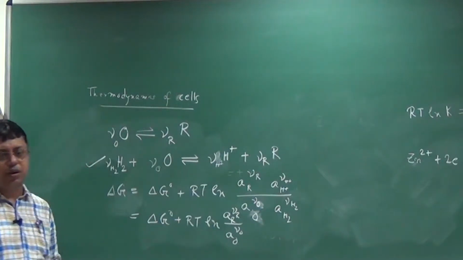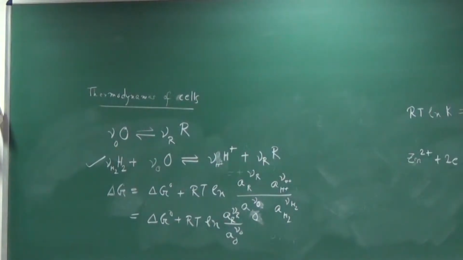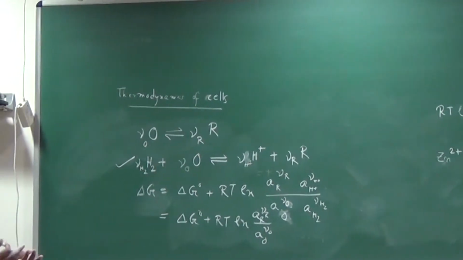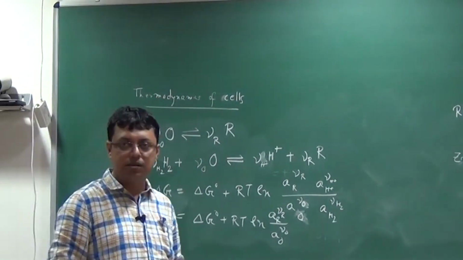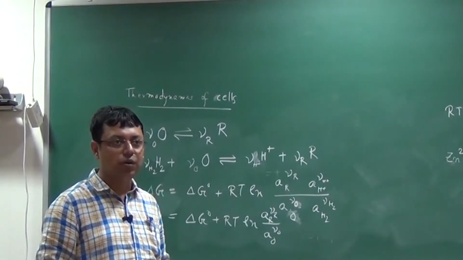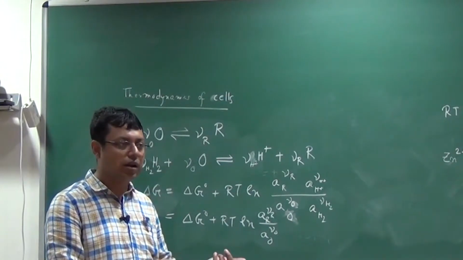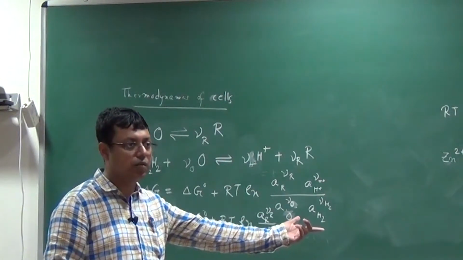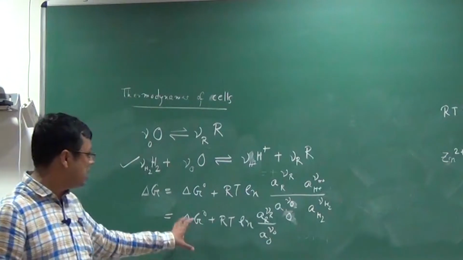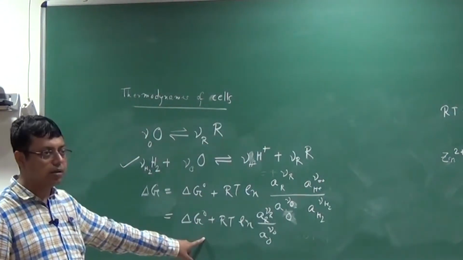Clear? Okay. So ultimately, I had a cell, I divided it into two half cells, but half cells also I cannot measure. I have to construct a cell, and I am using a reference for each of these half cells. Then I can go back. This is for a half cell, right?